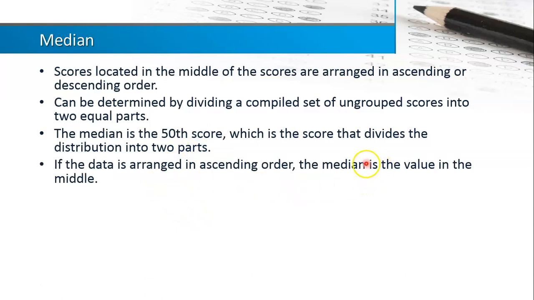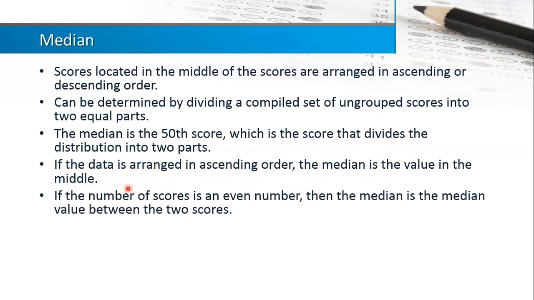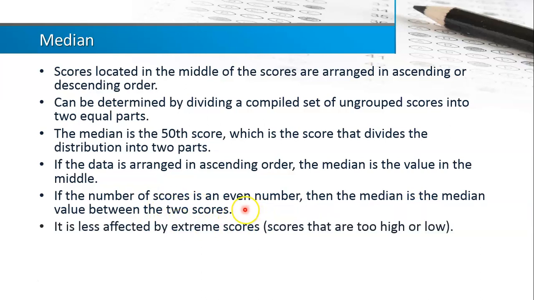The median is the middle value, the actual score. If there is an even number of scores, the median will be between the two middle scores. The good thing with median is that it isn't affected by extreme scores, unlike the mean.